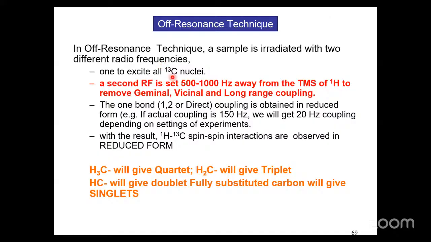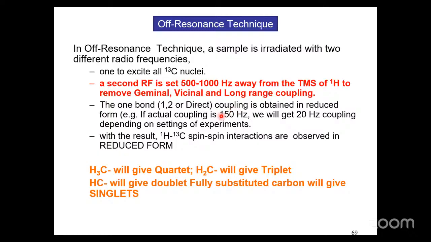One will excite the carbon 13 nucleus and the second RF or pulse is set between 500 to 1000 hertz away from the TMS of H1 to remove geminal, vicinal and long range coupling. So what happened due to that? Only direct coupling or 1-2 bond coupling is remaining, is restored, but in reduced form.